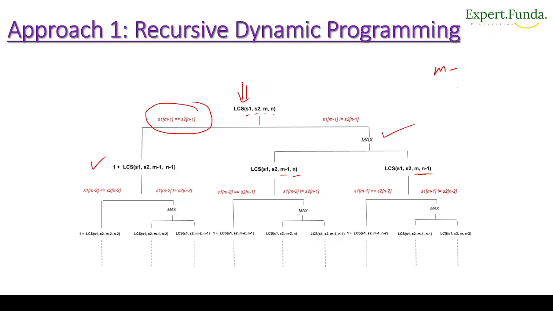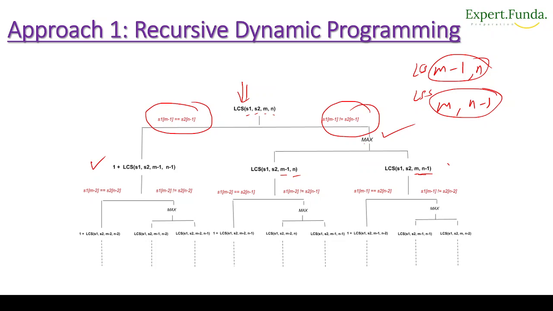If it is matching, we'll take m minus 1, n minus 1. But if it is not matching, m minus 1 and n will be the index, and we see which one is max, either this one or m, n minus 1. So we'll find the LCS at this position and at that position, and whichever is max will come here. If not equal, we find the max between these, and this rule will further get applied.